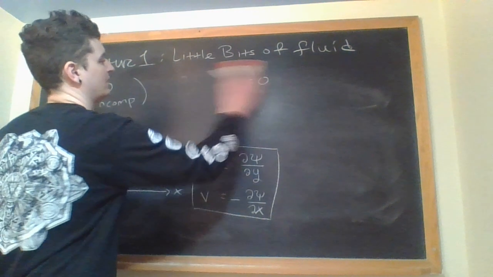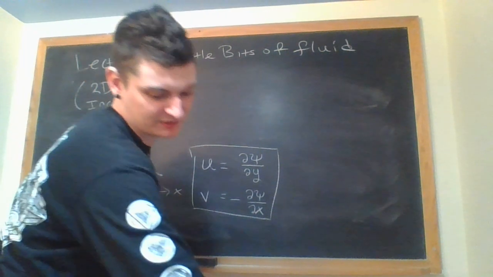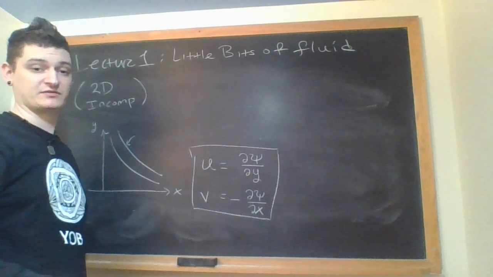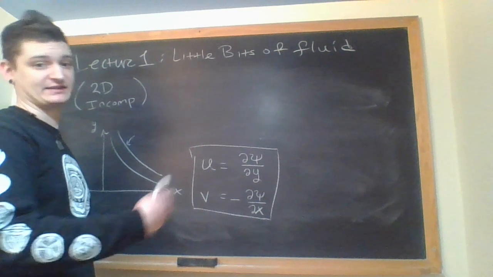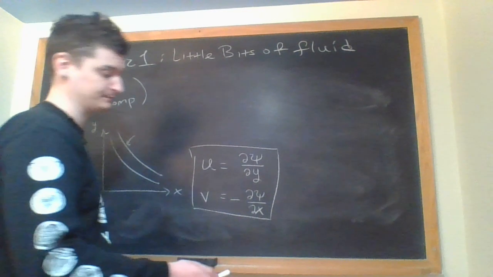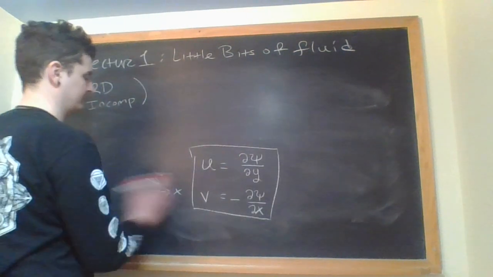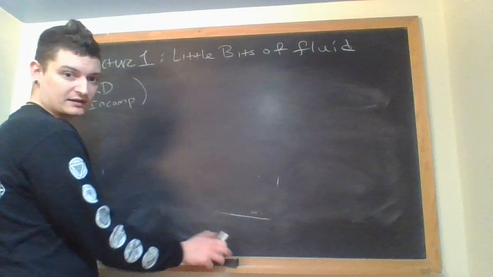You just need to figure out what the stream function is. And usually how this always goes is maybe you're prescribed a stream function, and then you have to take derivatives, and then you can tell what the velocities are. Right? So I think I'll actually stop here.